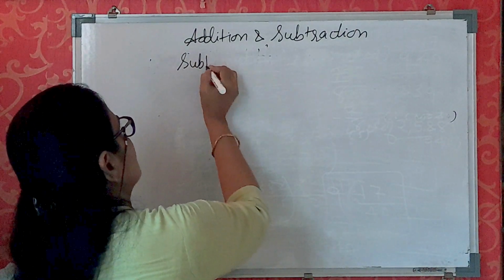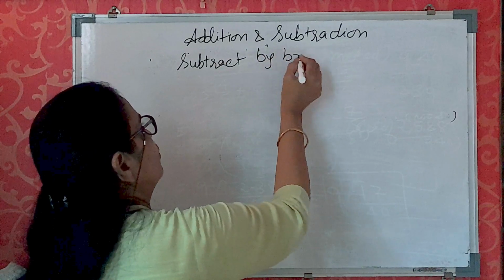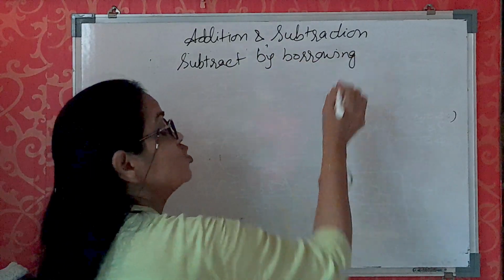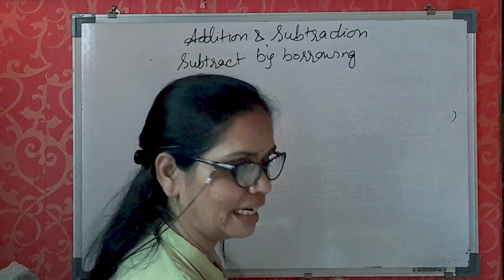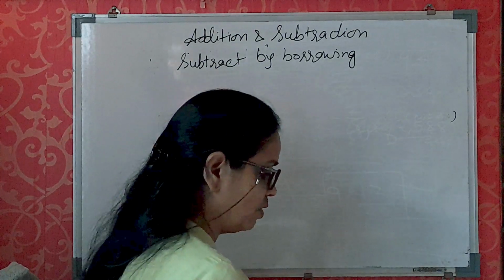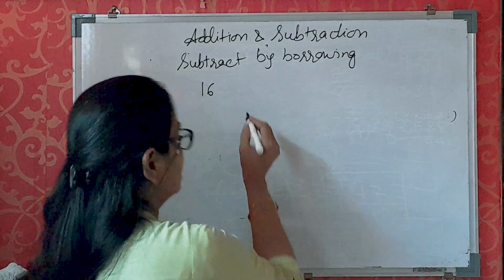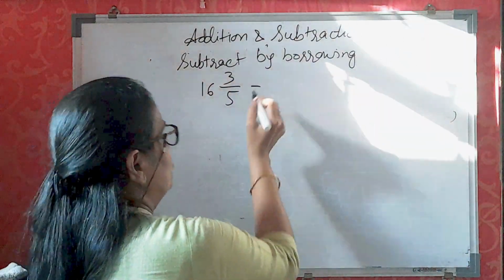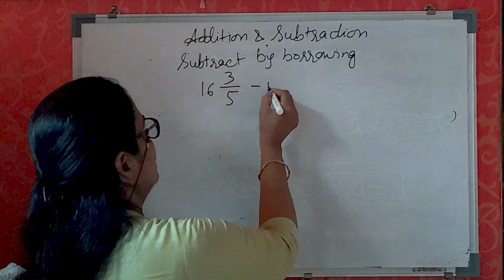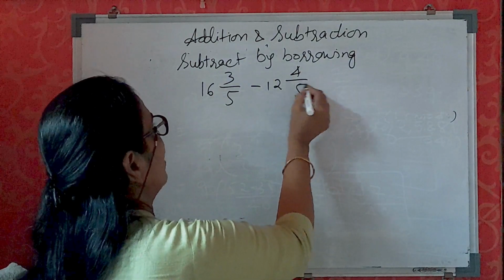Subtract by borrowing. Subtract by borrowing means, suppose your first number is smaller than the second number. In that case, what will you do? So suppose your question is 16 integer 3 upon 5 minus 12 integer 4 upon 5.